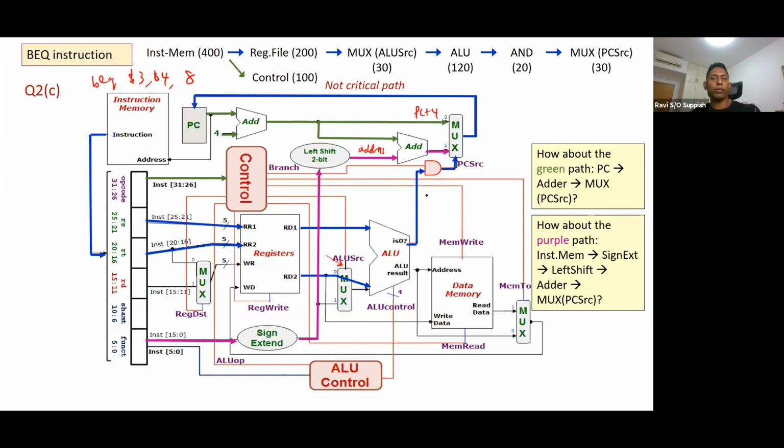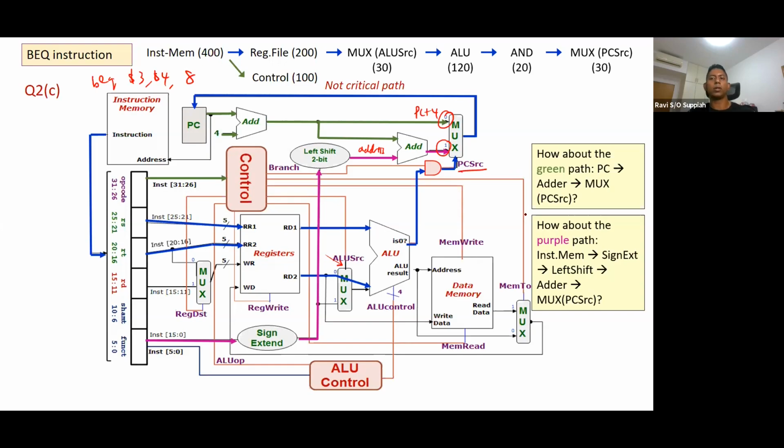Again, why did we never factor in these two pathways? Because these two pathways are made up of blocks that can execute much faster than your register file and ALU and so on. So because of that, the data at the inputs of the multiplexer here will appear much faster compared to the time that it takes to generate the PC source signal.